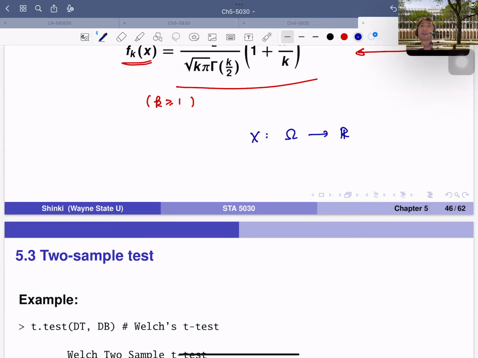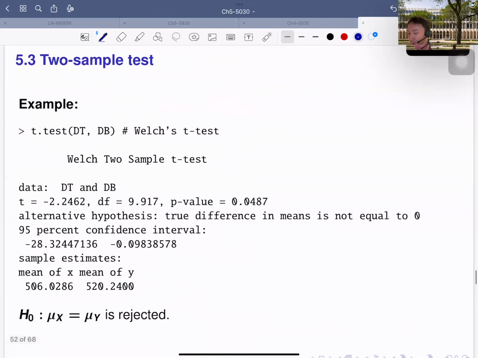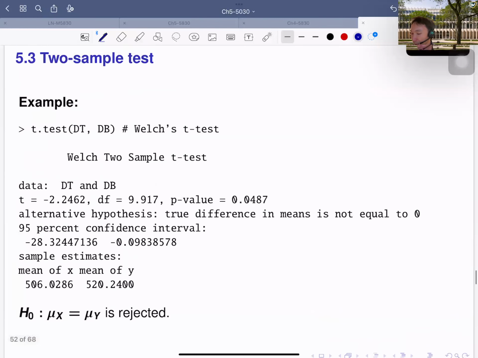Very few people consider the complex case. Maybe you can search for the context, but usually people don't think about it. So complex degrees of freedom is even beyond that level, and I think there is no theory for that.